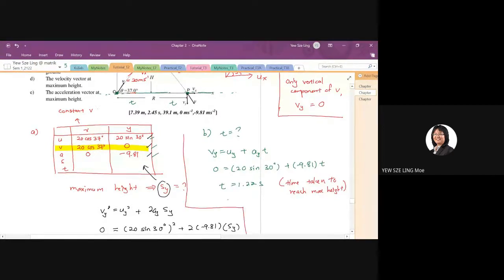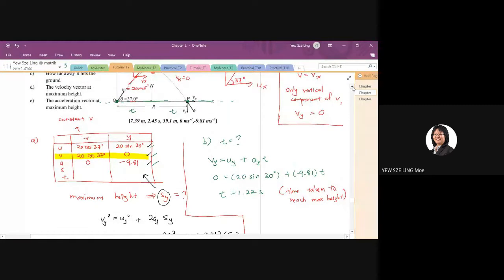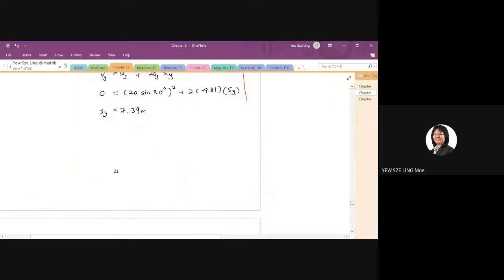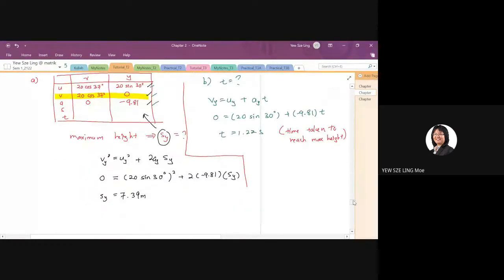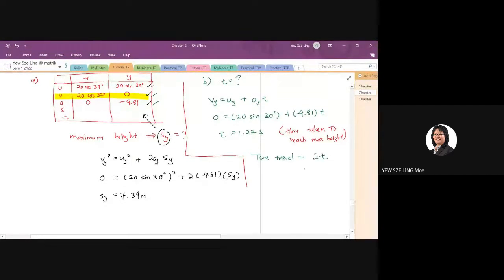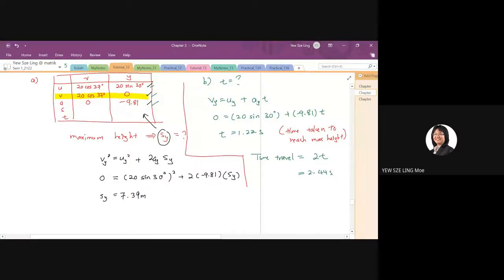If you look at the question, it wants the time of travel before it hits the ground. So the time of travel equals 2t, which equals 2.44 seconds.